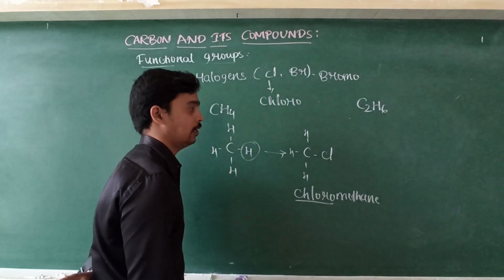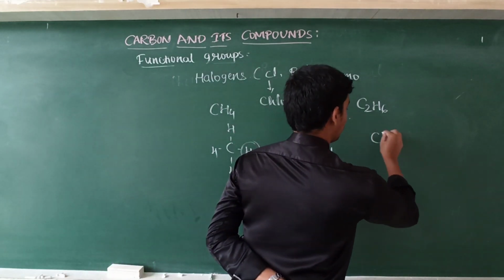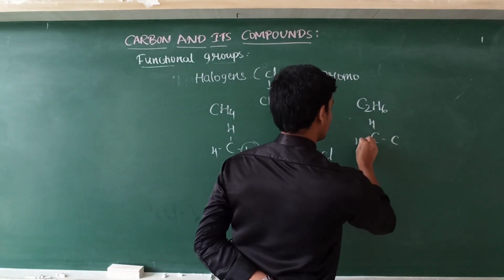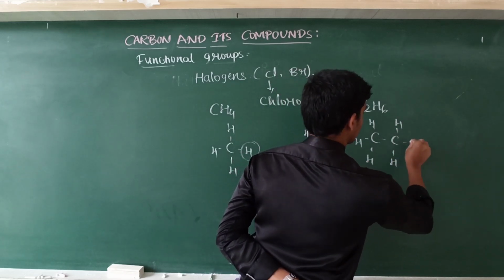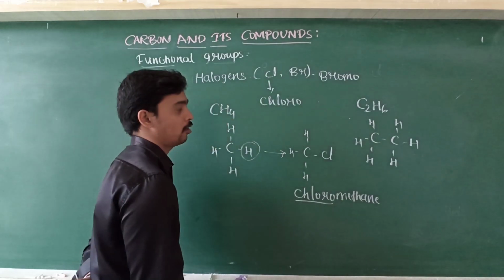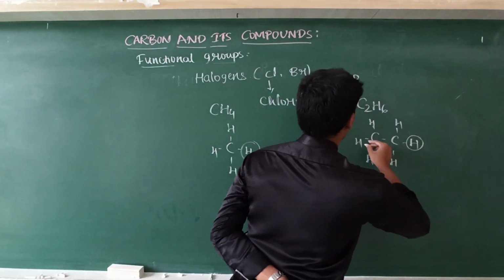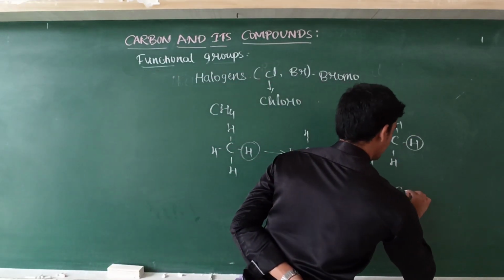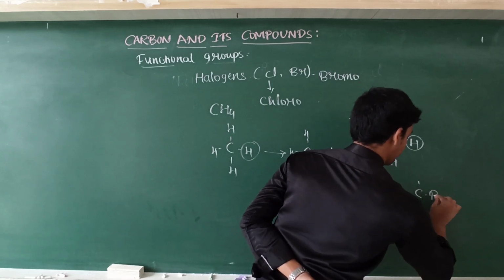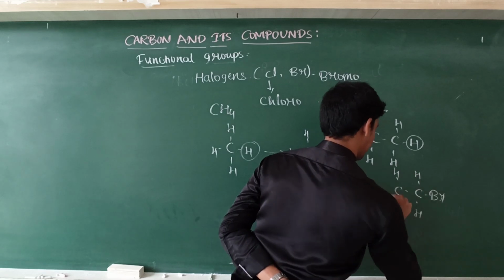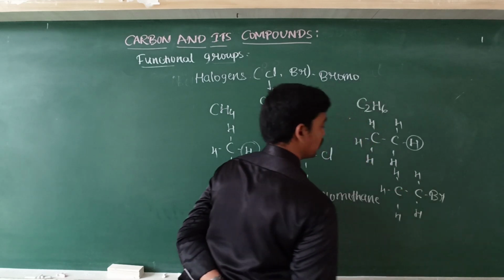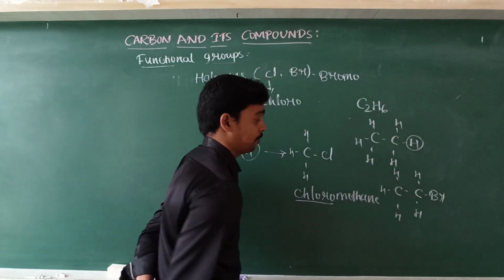C2H6, ethane. Here 2 carbons are bonded with 6 hydrogens. Just replace 1 hydrogen with Br and it becomes bromoethane.